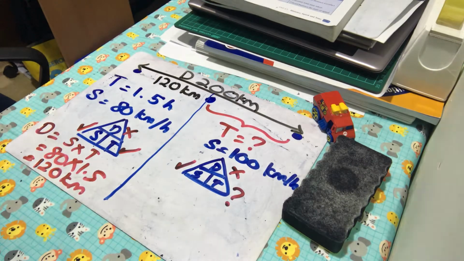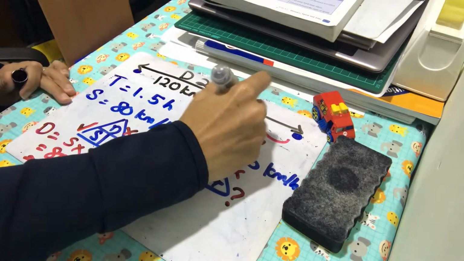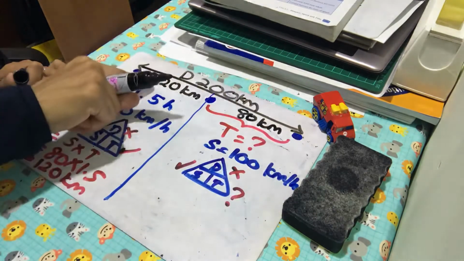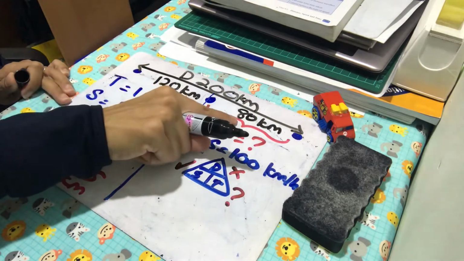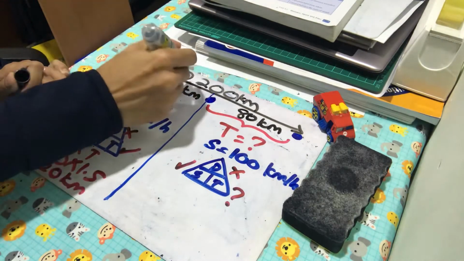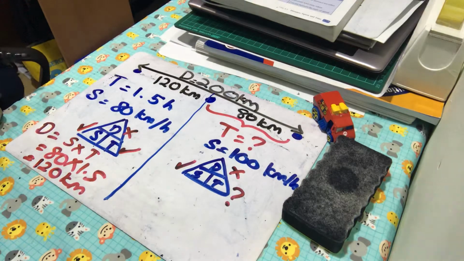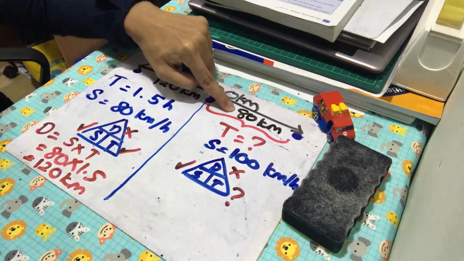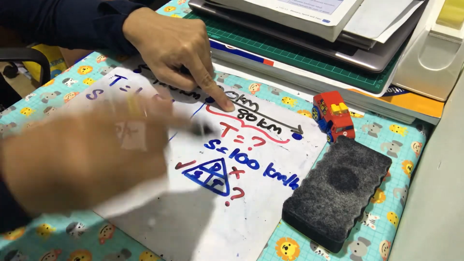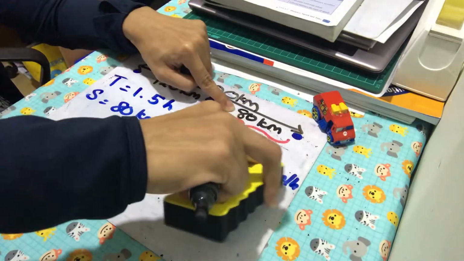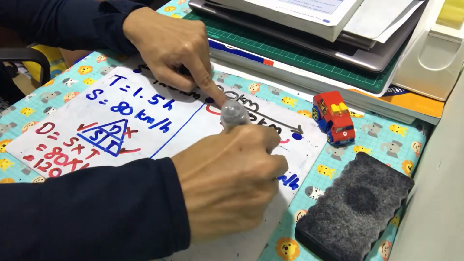By looking at this diagram, if this is 120 kilometer, what do you think would be the remaining distance? Well done. It will be 80. How did you get 80? Obviously, 120 plus 80 kilometer is 200 kilometer. So now you found the distance. You can take this one out, meaning you know the distance.